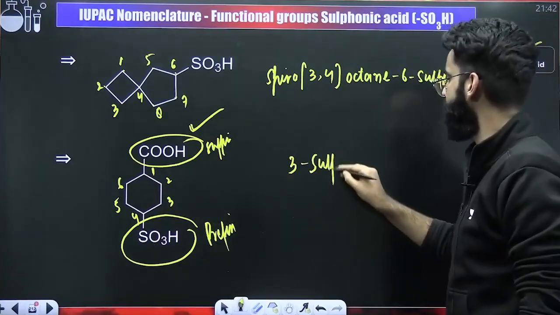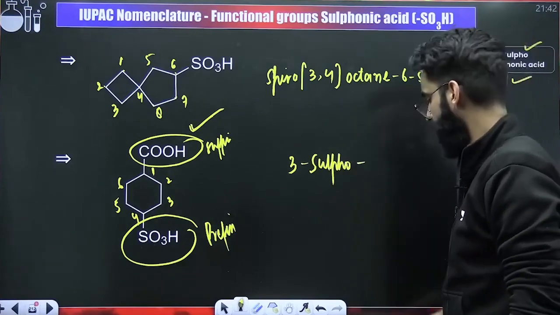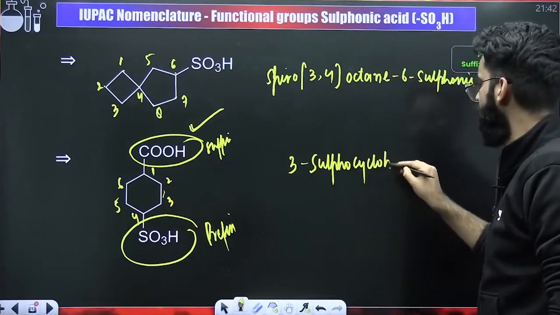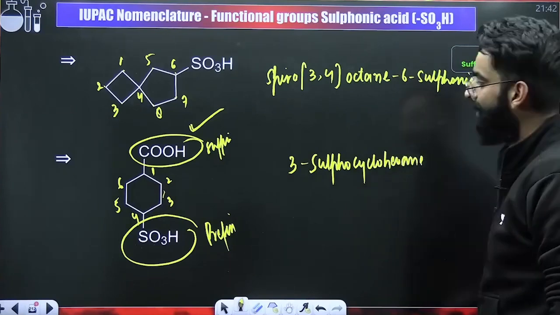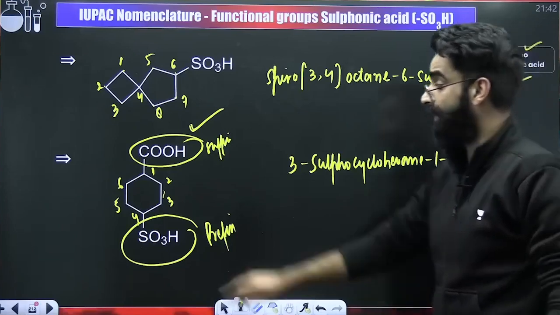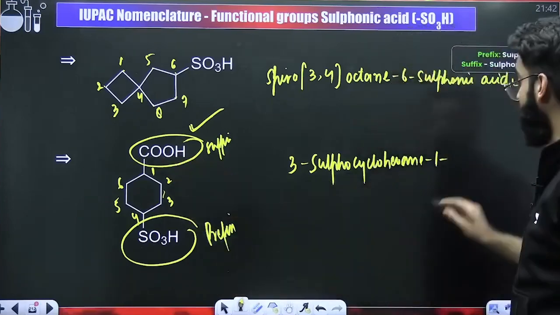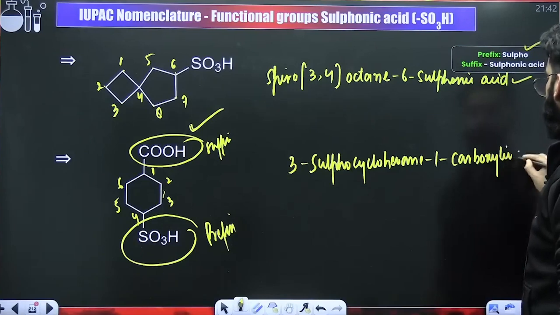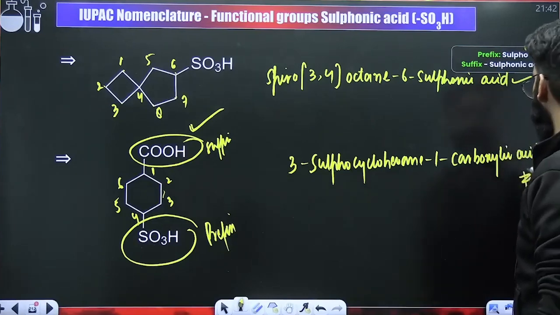So 3-sulfo, then it's cyclohexane. And then at carbon number 1, it is a carboxylic acid. The carbon of COOH is not part of the main chain, so it is 1 carboxylic acid.